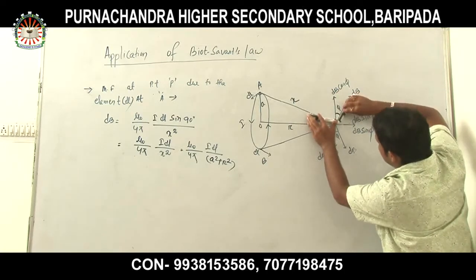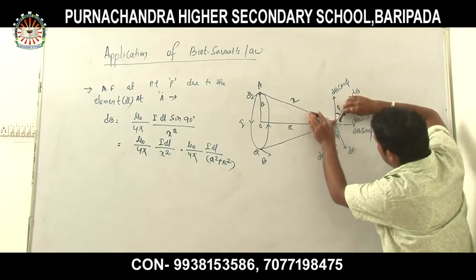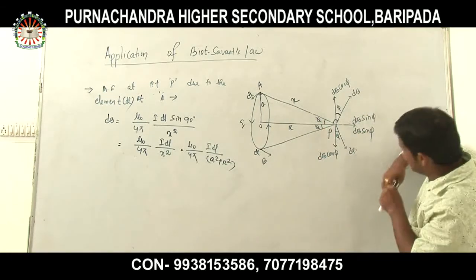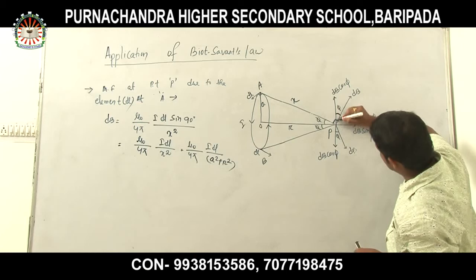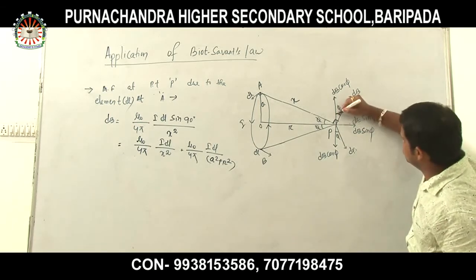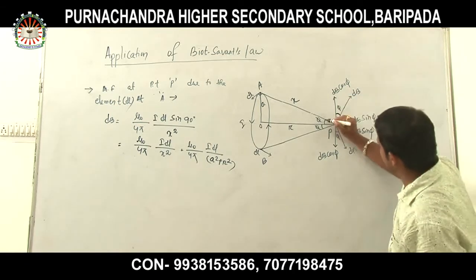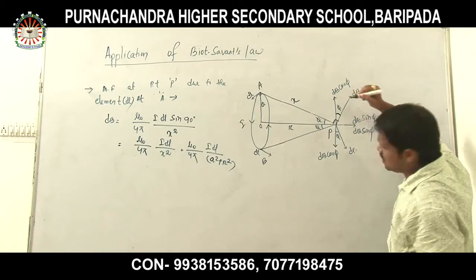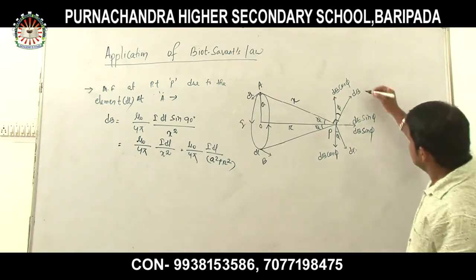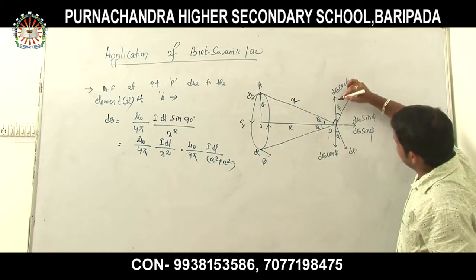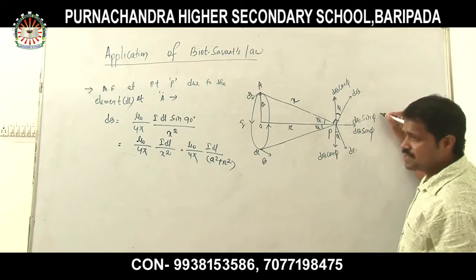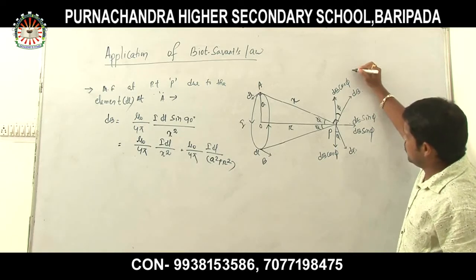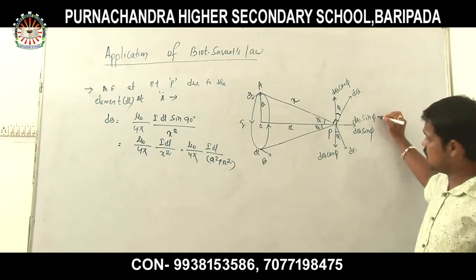Understood all of you? By moving phi angle I will get this phi. So this is your phi, and this angle is phi. Okay, so this is the dB. Again, this phi attached angle is dB cos phi, another is dB sin phi. That is, this is my vertical, this is my horizontal.